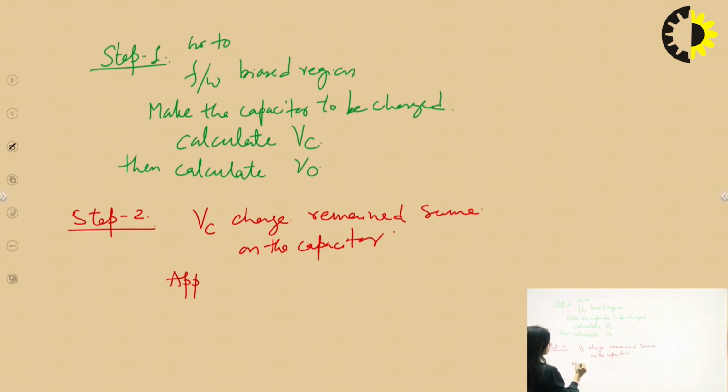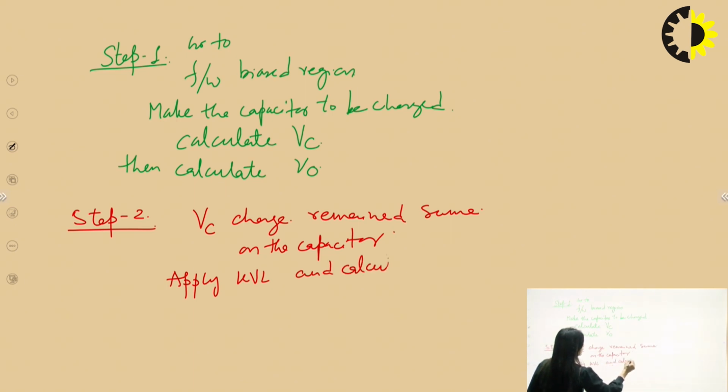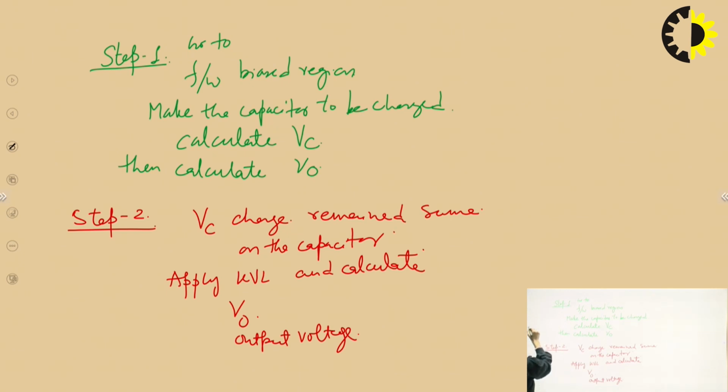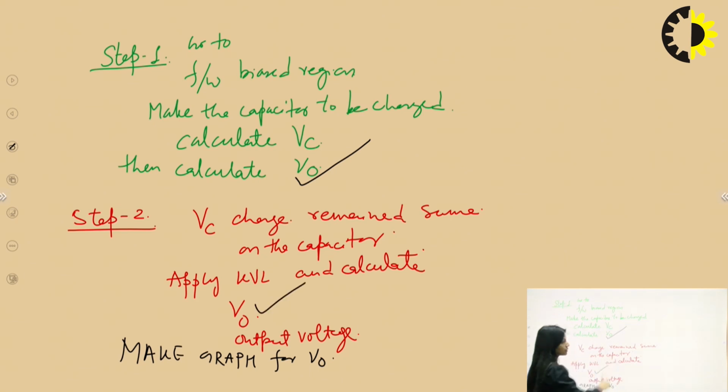Apply KVL and calculate VO, the output voltage, and after that make the graph for VO. Okay, from here you make the graph for the output voltage and do the numericals. All the best. Thank you.